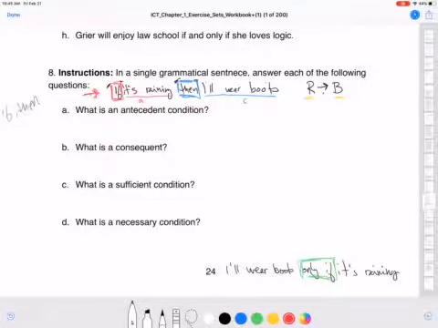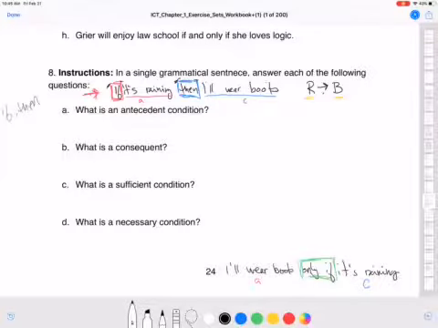We'll talk about this in terms of necessary and sufficient in a second. If you see only if, remember that what comes after the only if is the consequent, and what comes before the only if is the antecedent. You might be thinking, well, it's the same order. But here's the trick.